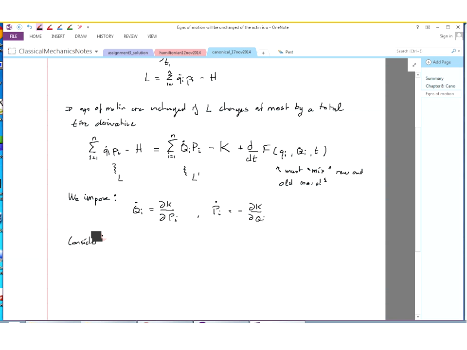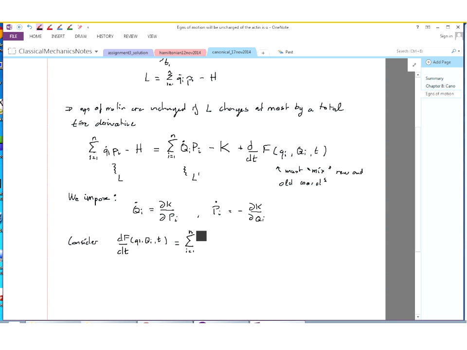So consider the total time derivative of f. I'll write out explicitly that f depends on the little qi, the capital Qi, and t. We want the total time derivative of a function that depends on these various things, so we use the chain rule.